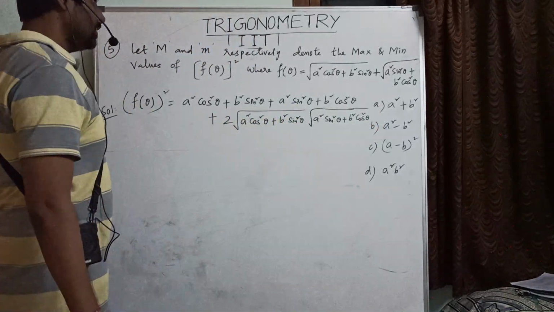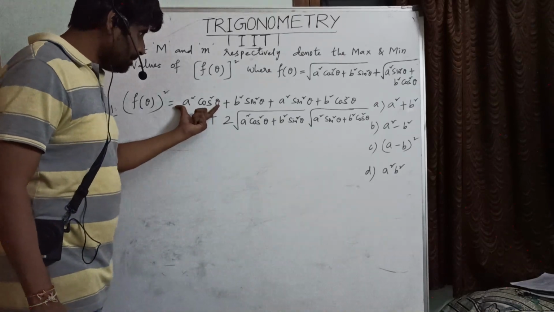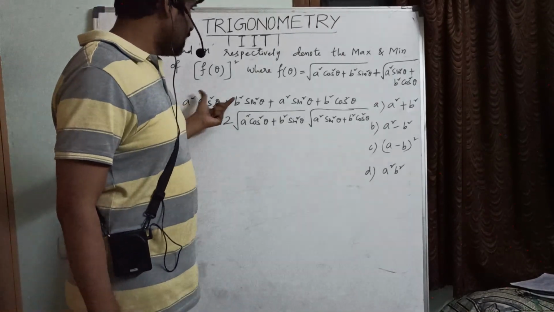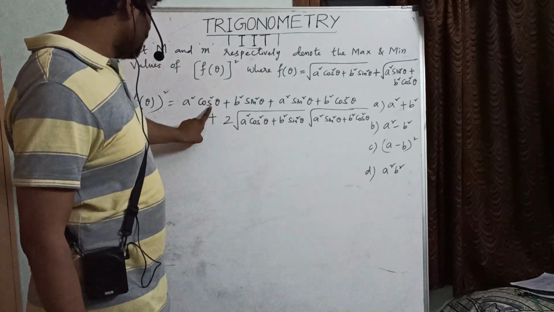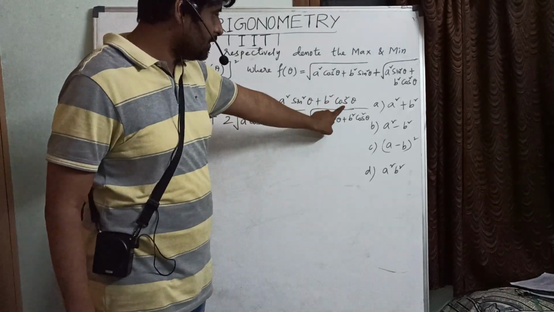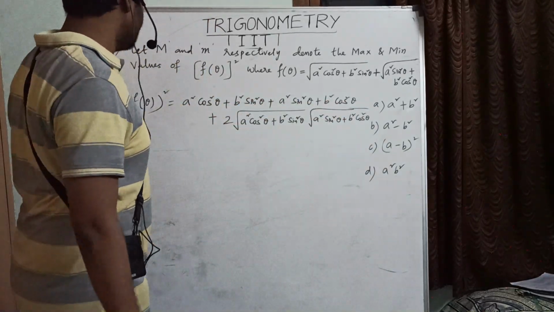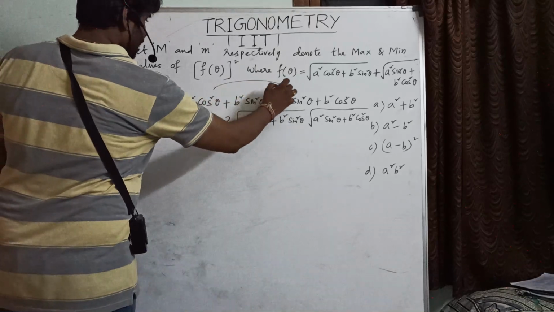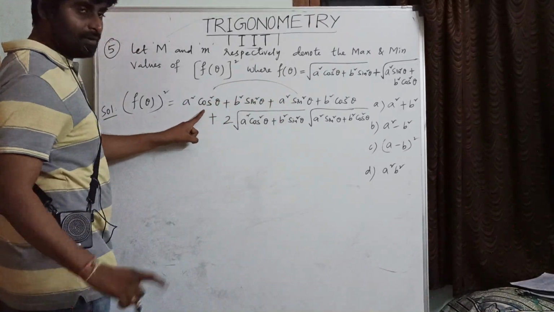Now if you observe, a square cos square theta, a square sin square theta. From these two, if I take a square common, sin square theta plus cos square theta is 1.